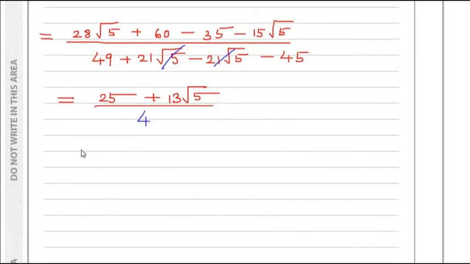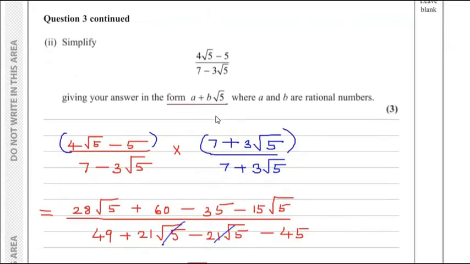Now we can split the numerator, giving it independent denominator, and write it as 25 over 4 plus 13√5 over 4. They want us to get the answer in the format a plus b√5, where a and b are rational numbers.